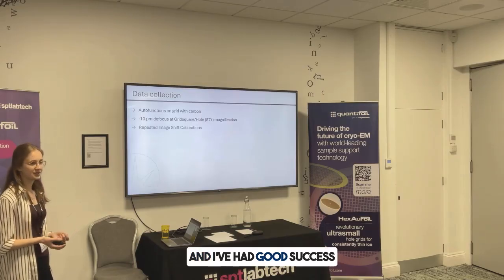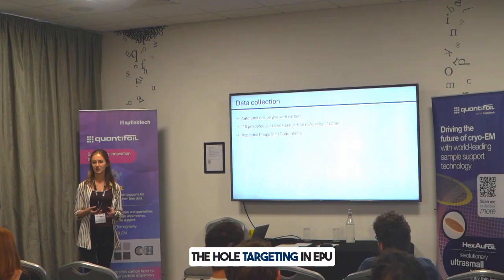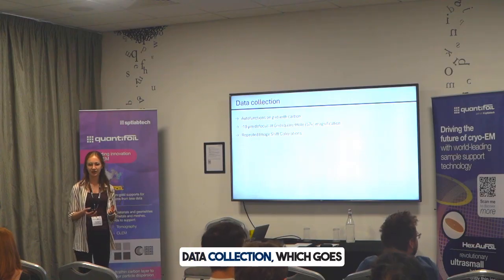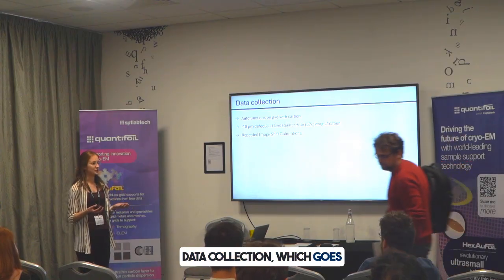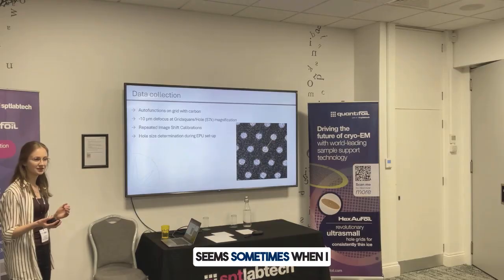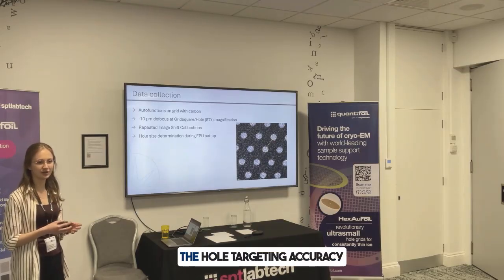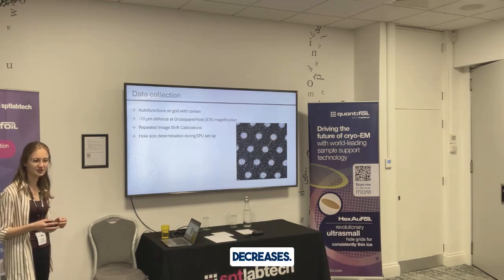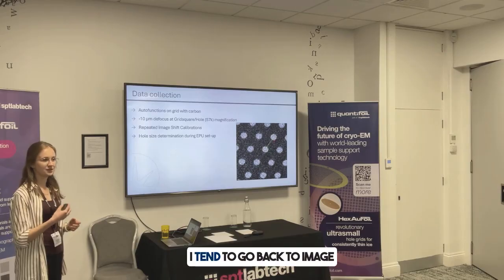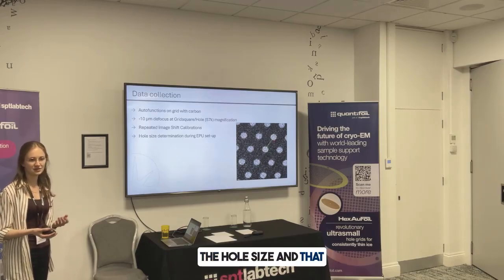I've had good success with repeating image shift calibrations to help with the hole targeting in EPU data collection, which goes hand in hand with determining the hole size. Sometimes when I choose the hole size a bit too small or a bit too big, the hole targeting accuracy decreases. But if that is the case, I tend to go back to image shift calibrations, tweak the hole size, and that seems to help a lot.